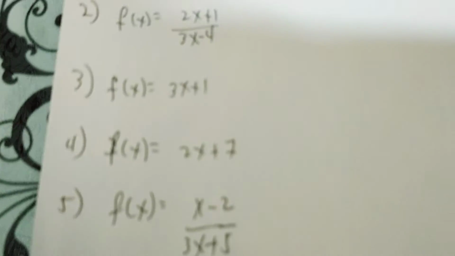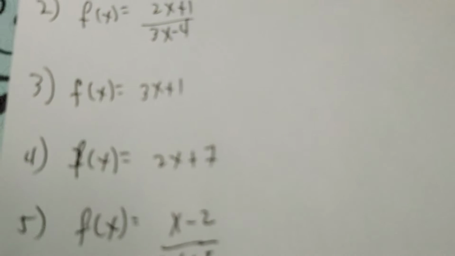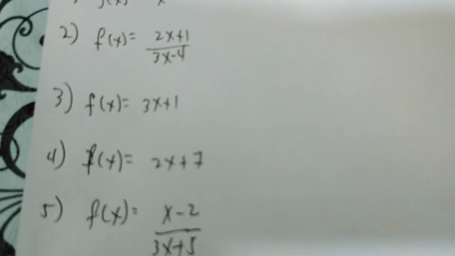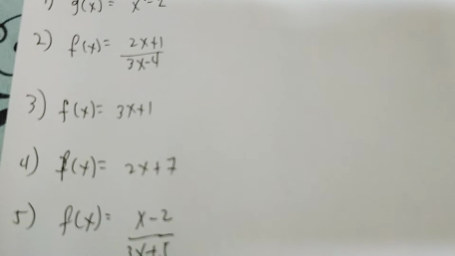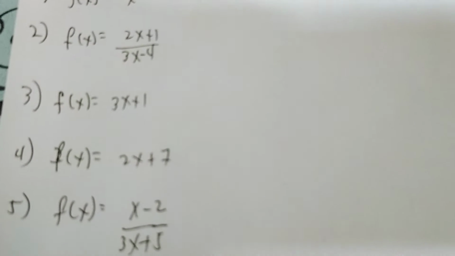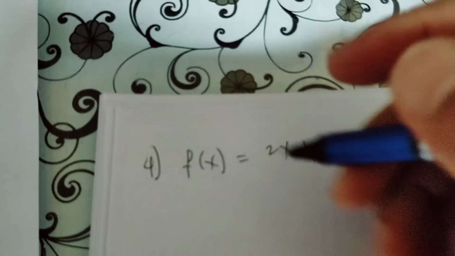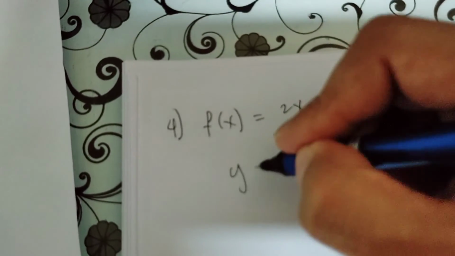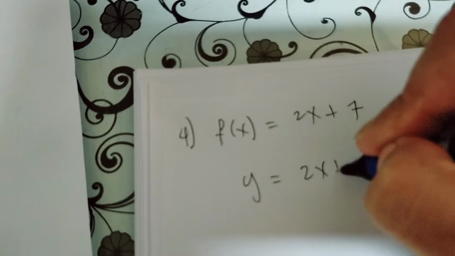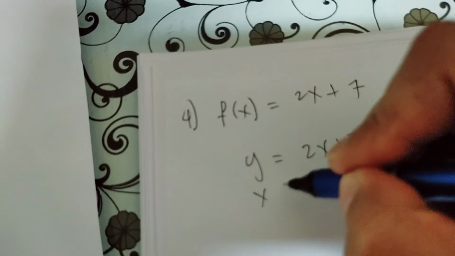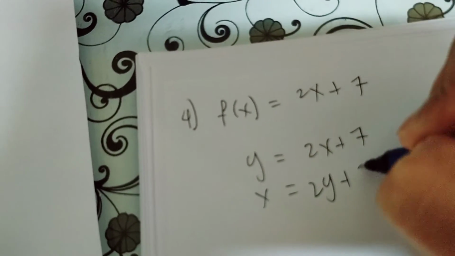Okay, next, last two. We have number 4 and 5 left. So, let us copy number 4. That is f of x equals, it's getting blurred, 2x plus 7. Okay, so ayan, let us rewrite. Of course, make this y equals 2x plus 7. Interchange x and y. X is equal to 2y plus 7.